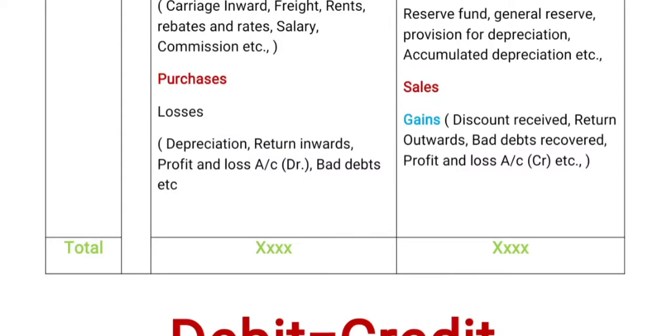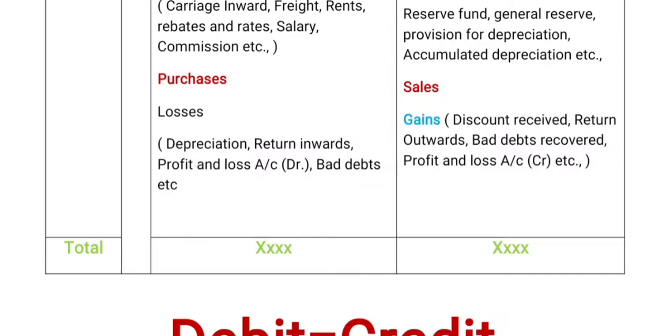Then on the debit side of the trial balance are purchases, whereas on the credit side are sales. Then on the debit side are sales returns, whereas on the credit side are purchase returns.